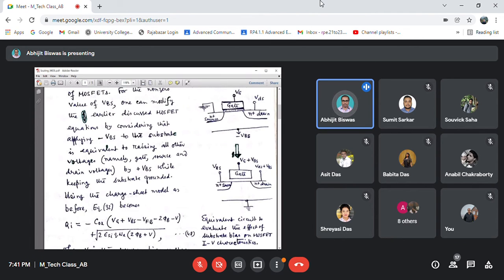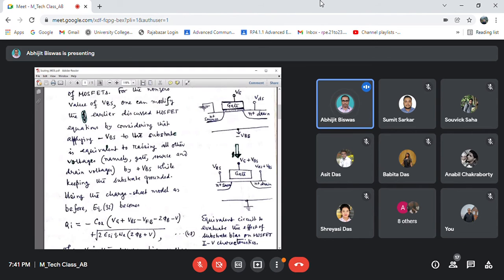Just we have added a voltage to each terminal voltage, so that we can make the substrate connected to ground. This is the purpose, how we are using the earlier derived equation and we modified the terminal voltages in this way.